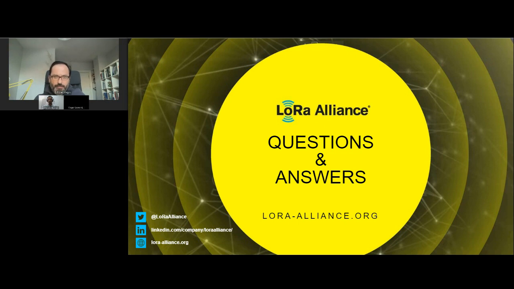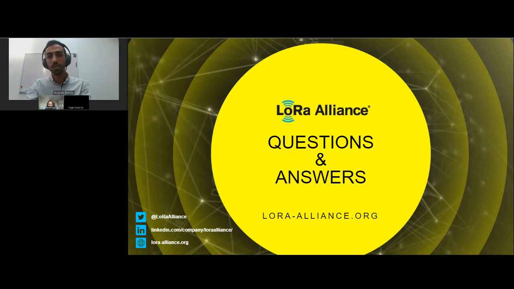And the next one is, what is the feedback of other network server providers besides Actility, for example TTN and ChirpStack, to implement this? Actually, we had several contributors in this specification and this task force. One of them was, if I remember the names, Johan from TTN. I don't remember the names of companies, but yes, there are multiple LNS providers that were participating in the task force and in the specification.